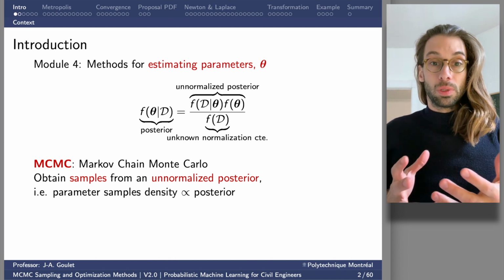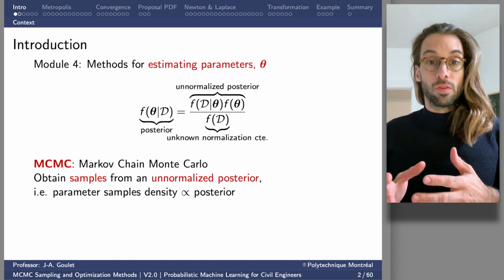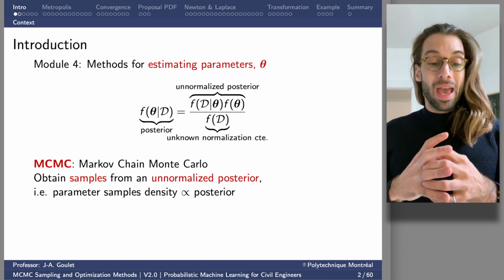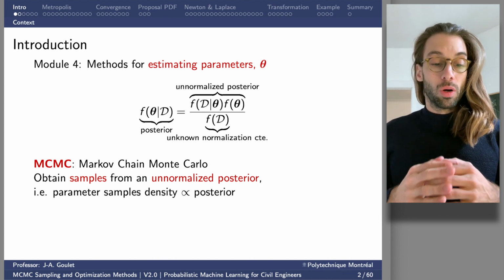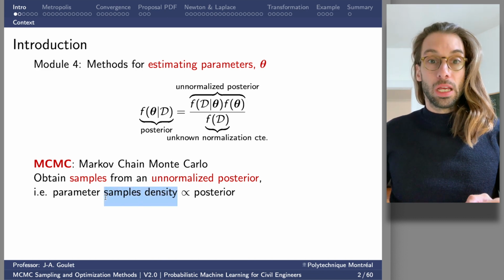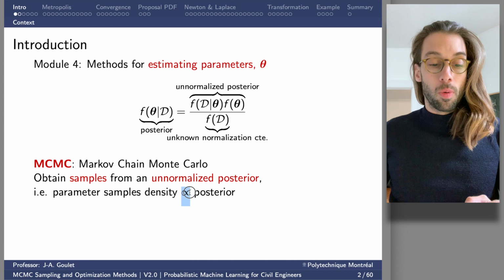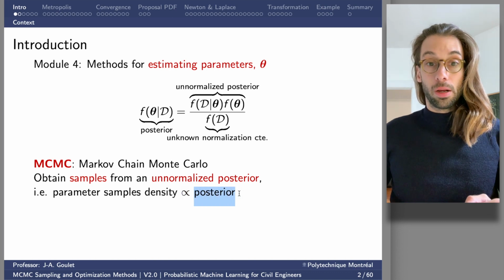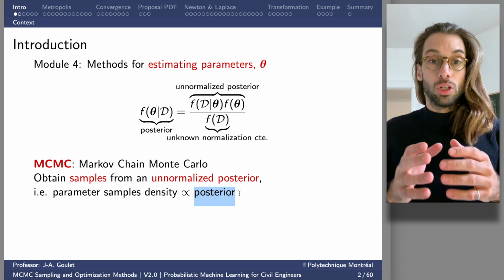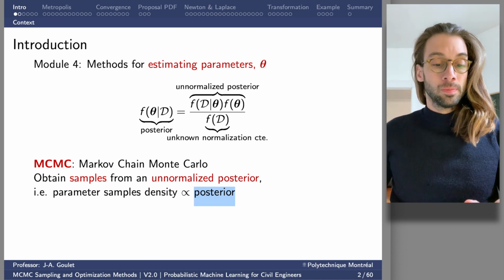The key property of MCMC is that it allows us to obtain samples from an unnormalized posterior, where the density of the samples we take with MCMC is proportional to the posterior. In this case, we call this posterior the target distribution, the distribution we want to take samples from.